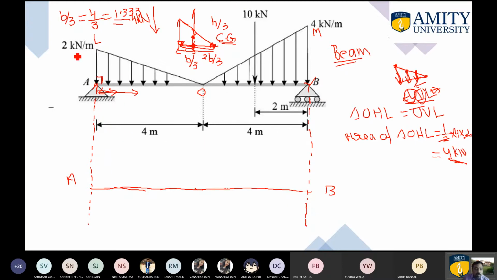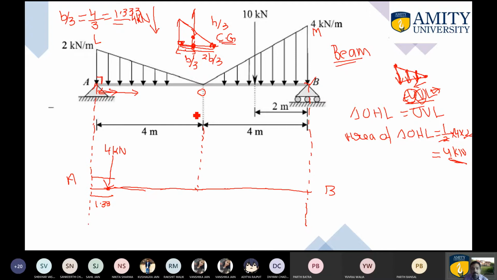After that, first of all, I am talking about this particular load. To mark this particular load, you are required to move a distance which is nothing but 1.33. So from here, you are required to move 1.33, reach a point and apply the load which is 4 kilonewton. Now this is the intermediate point.